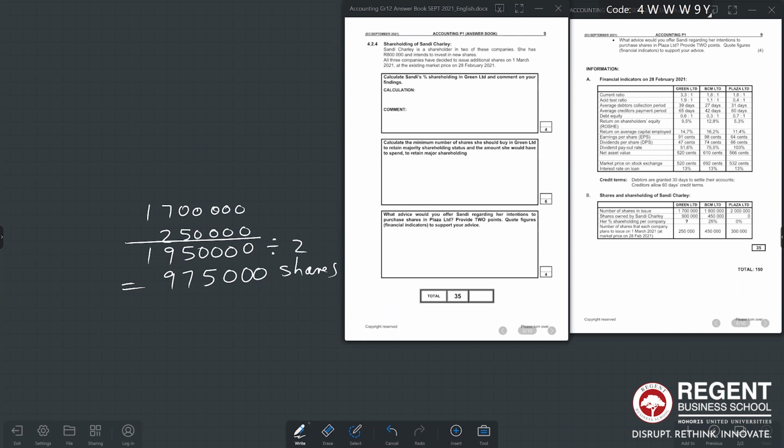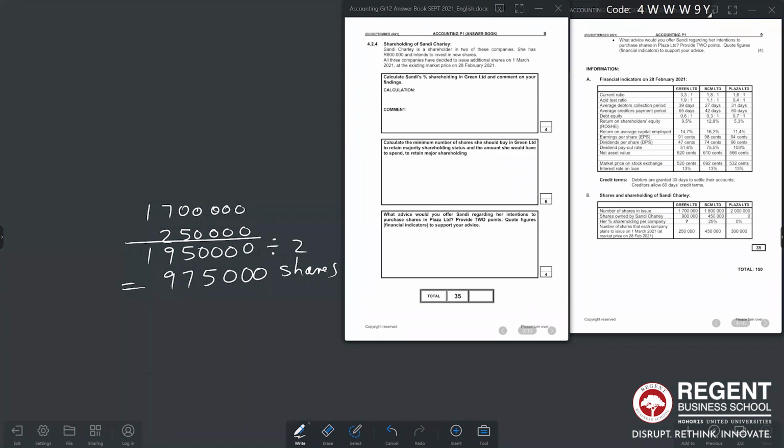Now, our friend already owns 900,000 shares. Sandy already has 900,000. If she buys 75,000, then she'll have 50%, but that won't make her a majority shareholder.